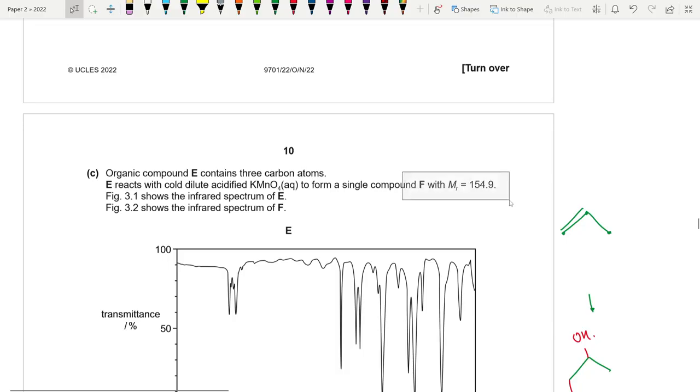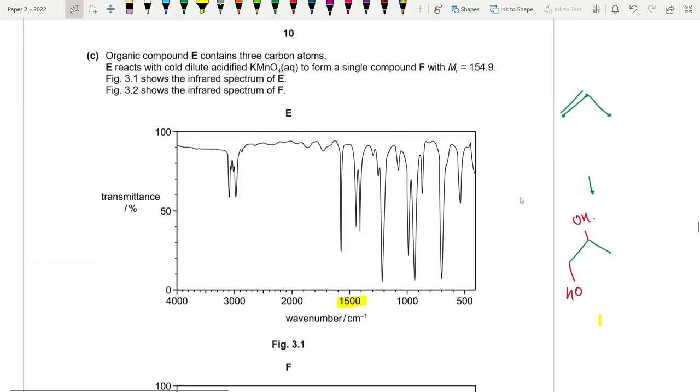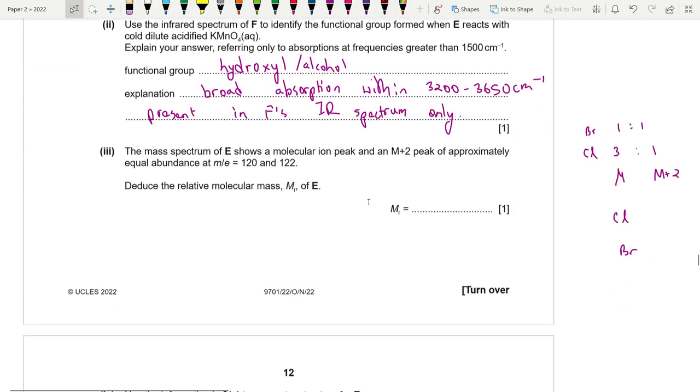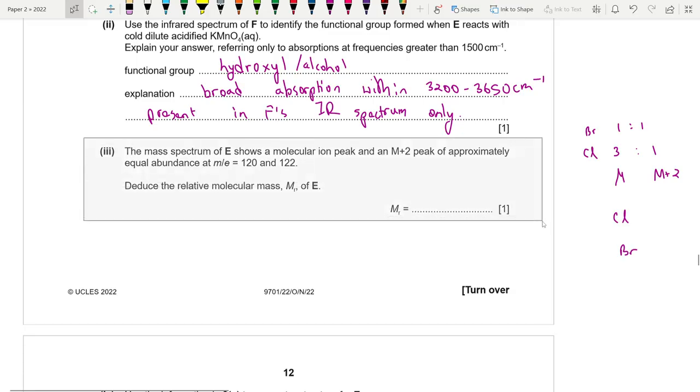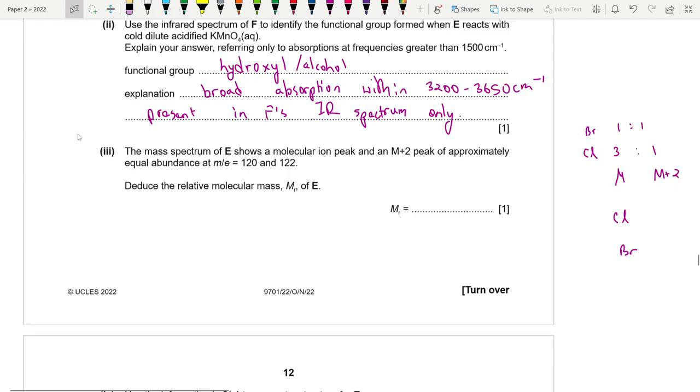We knew that the Mr of F is 154.9. So this is E, and this is F with two hydroxyl groups. So clearly there is presence of bromine in our compound E. We know that compound E was a 3-carbon compound. We knew that for sure. Now we also knew that there was an alkene in the compound.